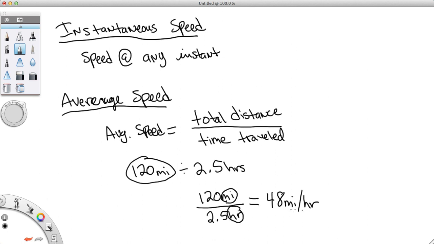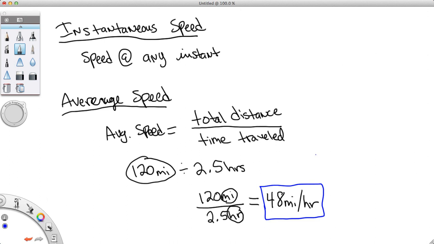In the end, we're left with a rate. 48 miles per hour is the rate she was traveling, her average speed the whole time. She wasn't traveling 48 miles per hour when she left the stop sign, but her average overall was 48 miles per hour. Grandma was driving kind of slow to get to your house.